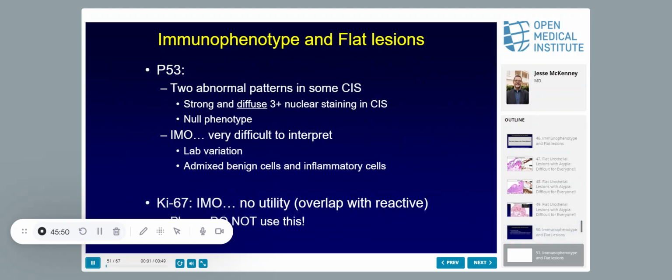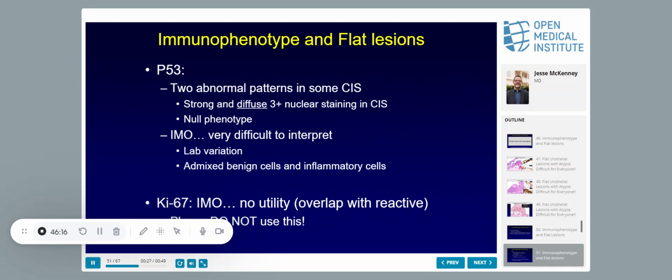Okay, with regard to these two other stains, P53, it works. P53 abnormalities is one of the underlying molecular mechanisms of urothelial carcinoma. And it's just like in the GYN tract. There are two patterns. You can have the diffuse nuclear or you can have loss. So null and overexpression both are positive.